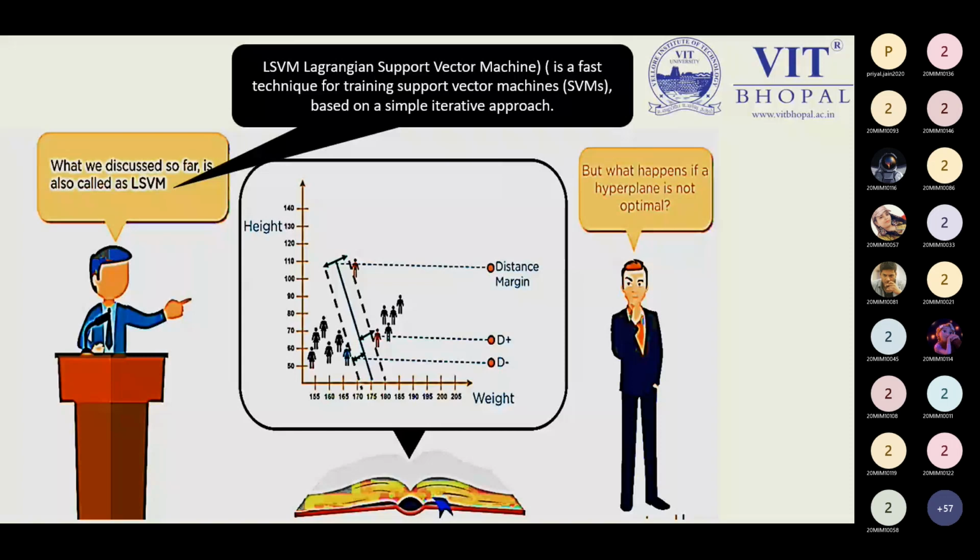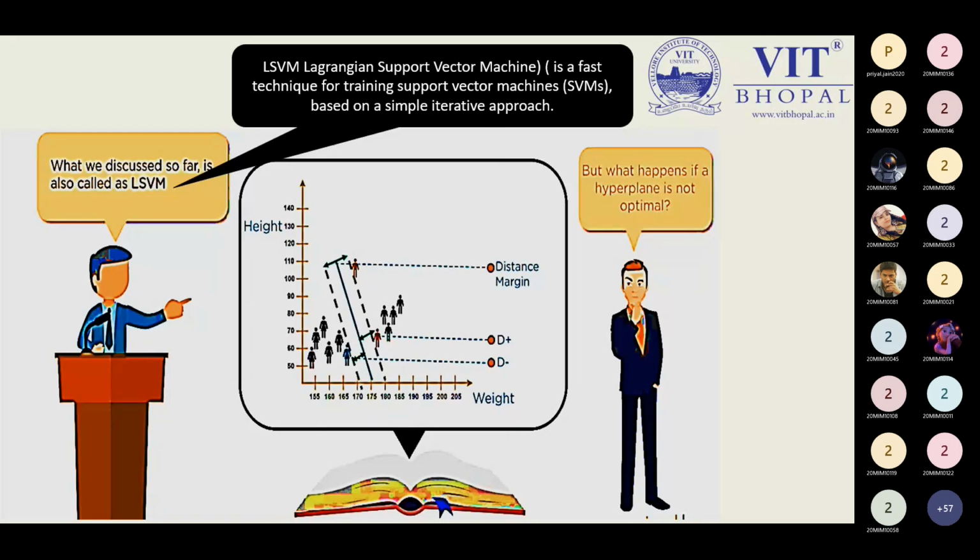So far, we have seen the SVM method that is used to predict our classification into the right class, and that is the example of the LSVM. This LSVM is not the low support vector machine. This is known as the Lagrangian support vector machine. I'm saying it once again: this is an example of the Lagrangian support vector machine, and this is a fast technique for training the support vector machine model based on an iterative process.